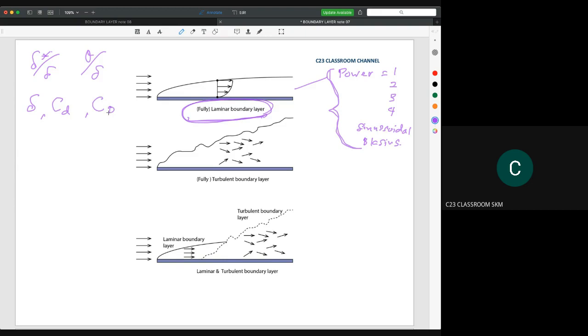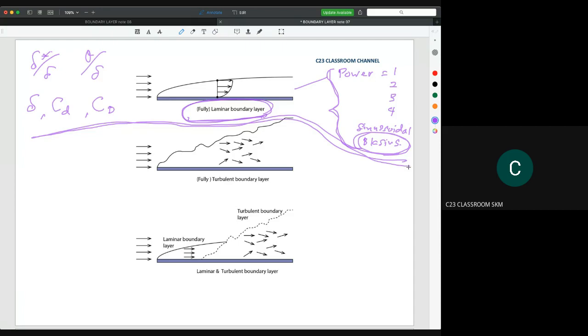Please bear in mind that the Blasius has a special method. You need to solve the Blasius exact solution by using the table and do the calculation that I showed in my lecture previously. All that we learned last week is actually for the laminar boundary layer.